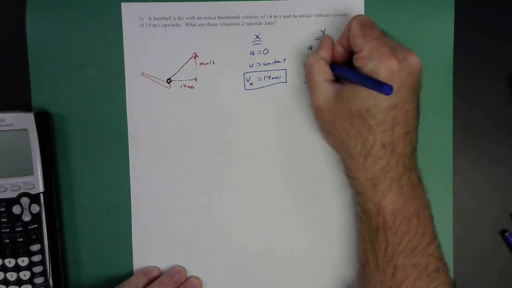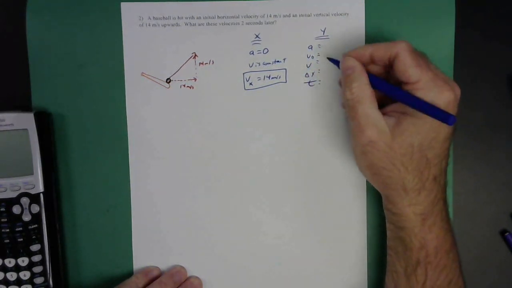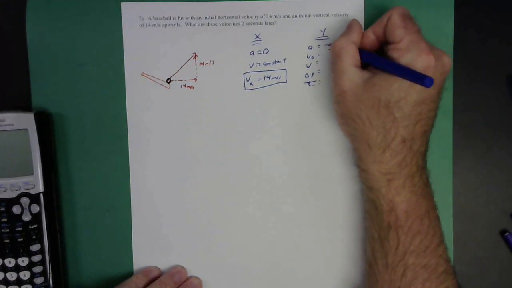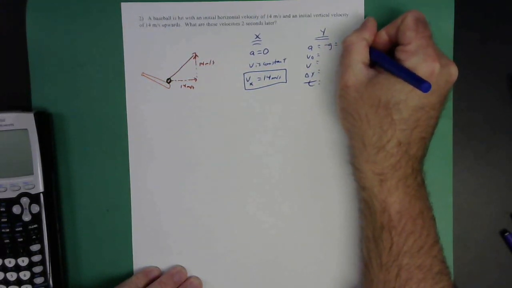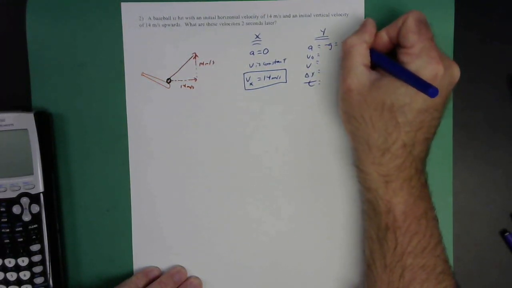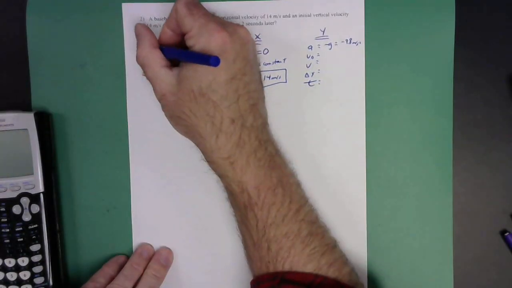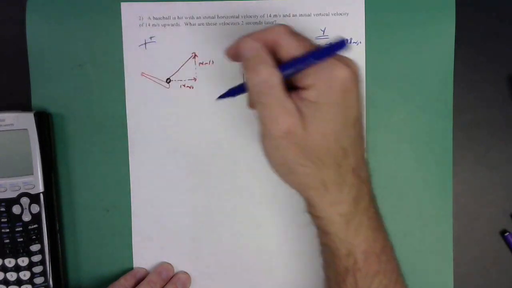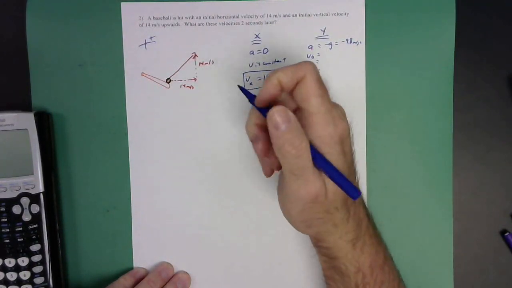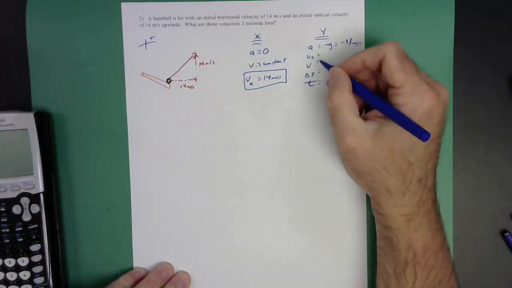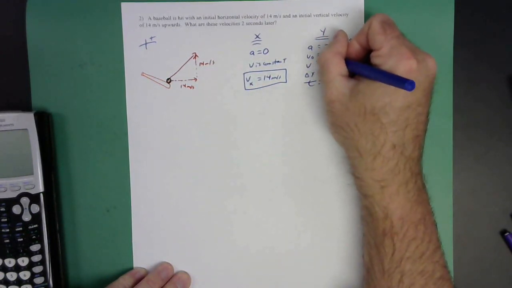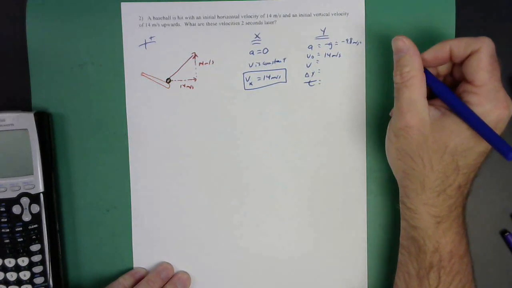In the vertical axis my acceleration is negative g, which would be negative 9.8 meters per second squared, assuming, of course, that we are calling up and right positive. So the acceleration is downward. That's the way the force of gravity pulls on the ball. The initial vertical speed we know is 14 meters per second, right and up.